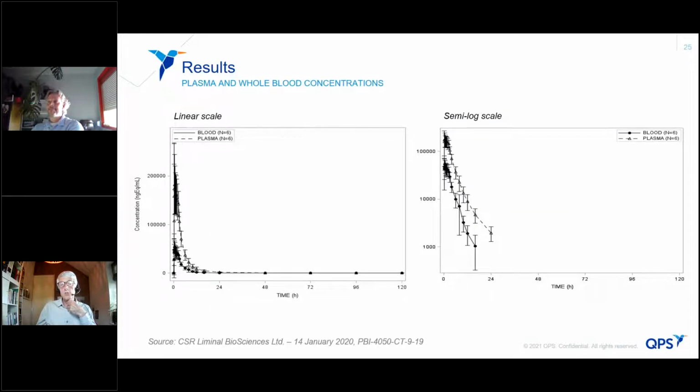The drug was absorbed quickly and also eliminated pretty quickly, which you can see in this picture. And also, from these results, we could conclude that there was no accumulation of the 14C labeled compound in whole blood, in red blood cells.